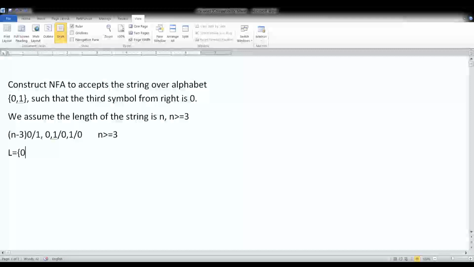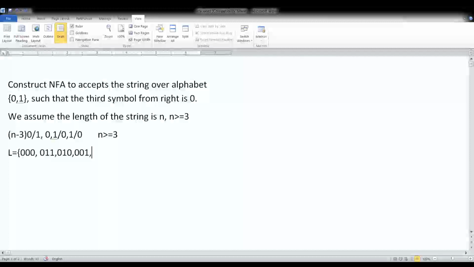In length 3, the third symbol from right is nothing but the first symbol of the string, so the first symbol will be 0. The other two symbols can be anything, but make sure that the first symbol is 0. So 0 1 0, 0 0 1. This is a combination of length 3.